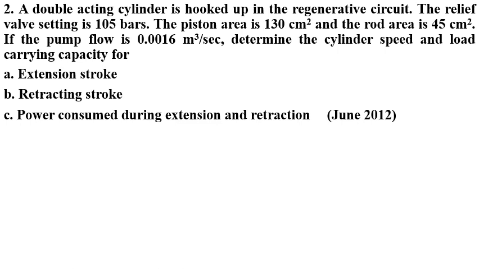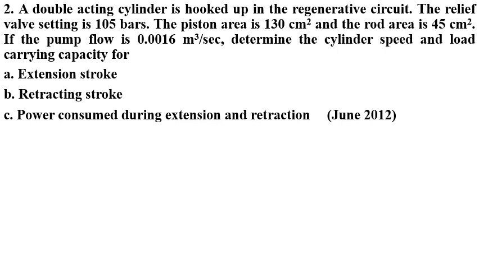If the pump flow is 0.0016 meter cube per second, determine the cylinder speed and load carrying capacity for sub question A extension stroke, sub question B retracting stroke, and sub question C power consumed during extension and retraction.